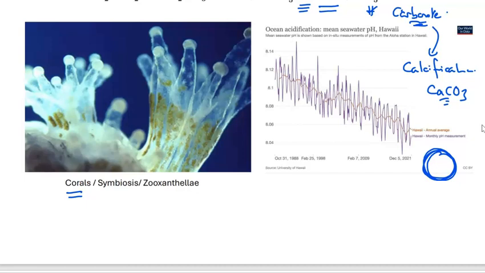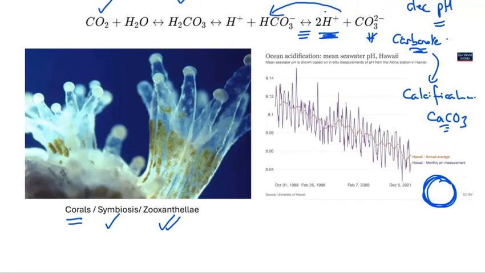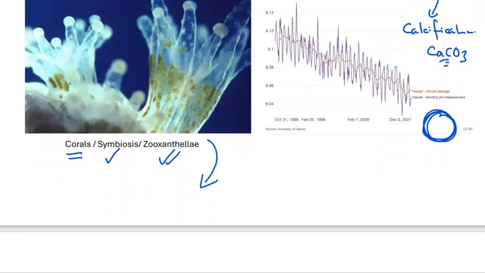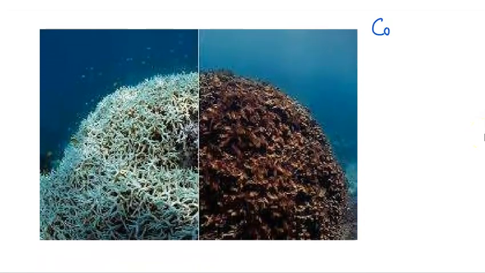Now, the corals, of course, are in a symbiosis with cells which are capable of photosynthesis called zooxanthellae, and the lowered pH also results in the zooxanthellae exiting the corals, and the impact of this is to bring about what is known as coral bleaching.